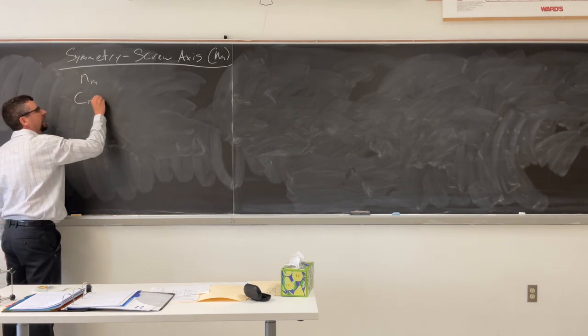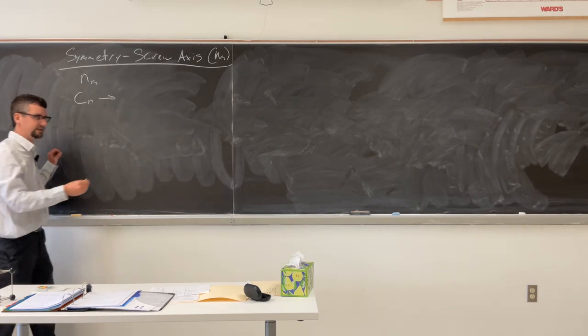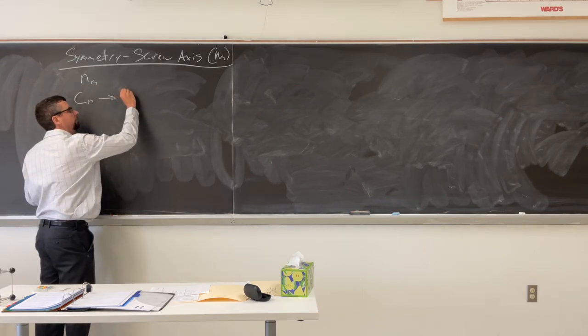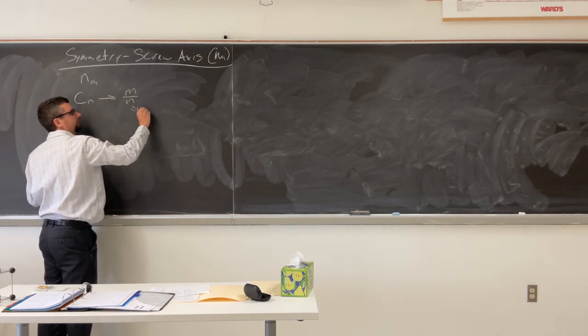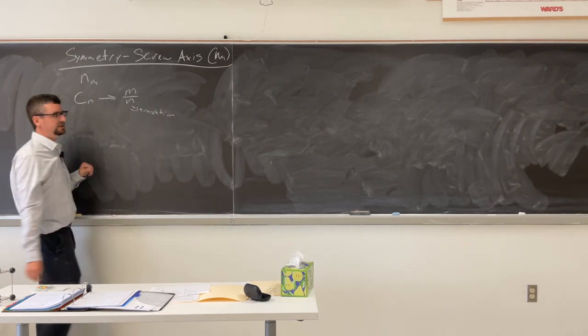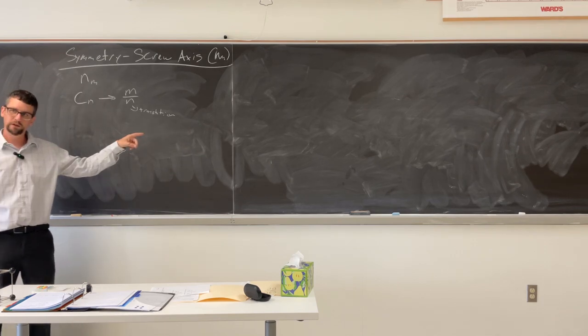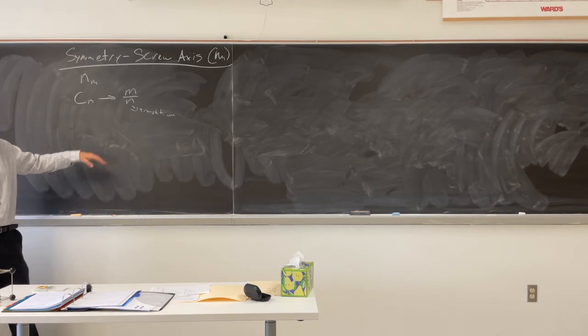Yep, a C sub N rotation. And then what significance does the M get us? M divided by N, and that's a translation. And we just did a C2, or excuse me, a 2-1 screw axis.